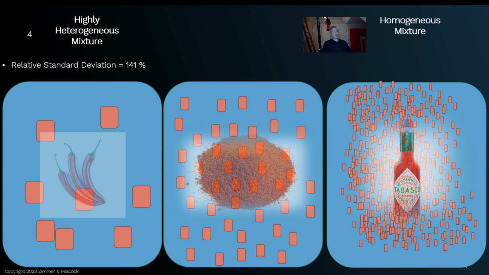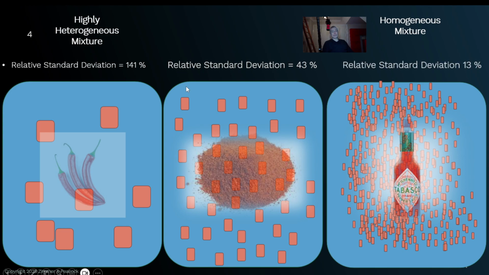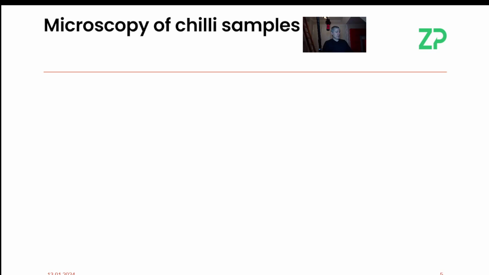I haven't really introduced relative standard deviation yet, but if I did a back of the envelope calculation on a chili pepper, I could end up with a relative standard deviation of 141%. On a chili powder, I could end up with 43%. And with something like a Tabasco sauce, which is very blended, very homogeneous when you look at it, you could end up with a relative standard deviation of 13%.